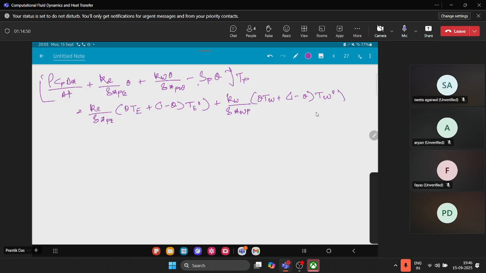And this plus rho Cp delta X by delta T minus Ke delta X Pe plus Kw delta X Pw minus SP 1 minus theta DP naught plus S.